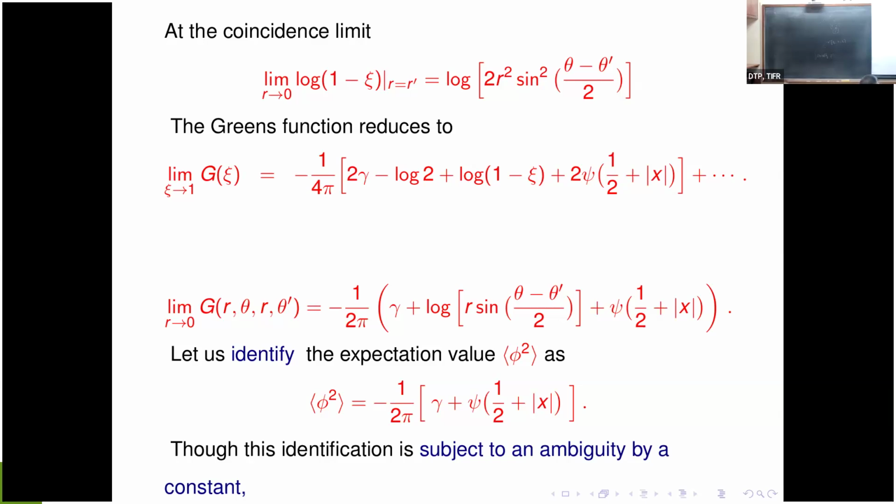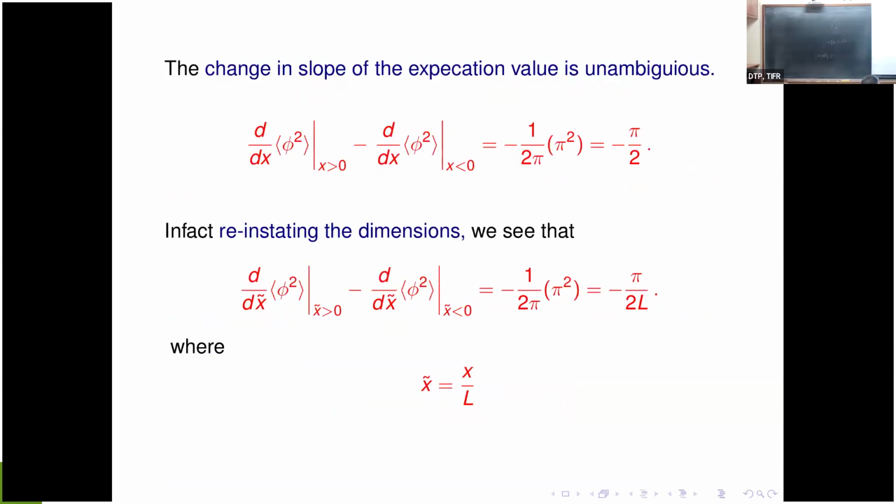If you subtract this, you see that if you approach from the left and approach from the right, you get a difference in the slope, and that is this expression.